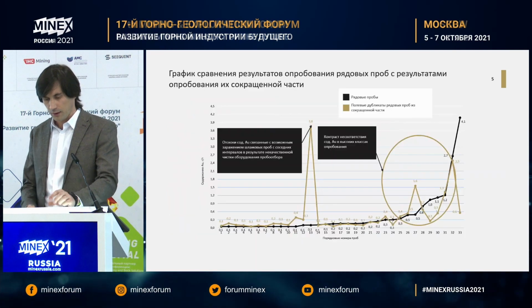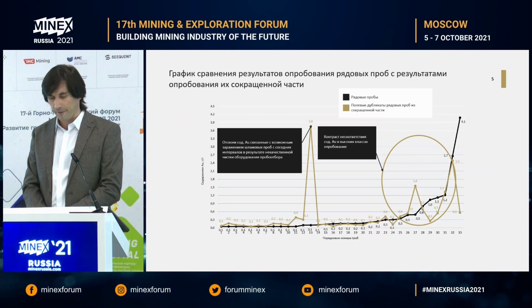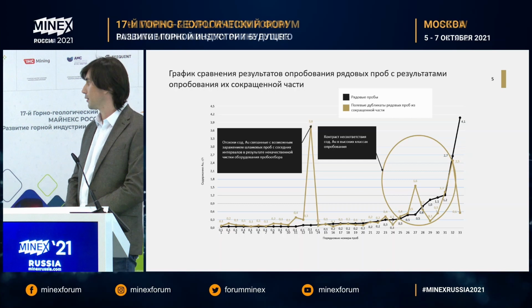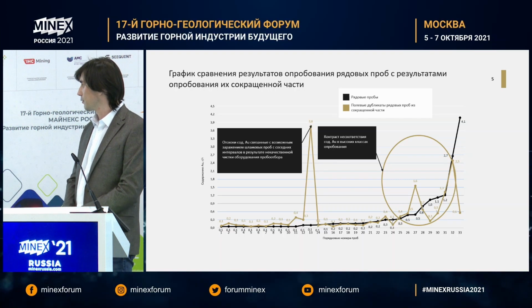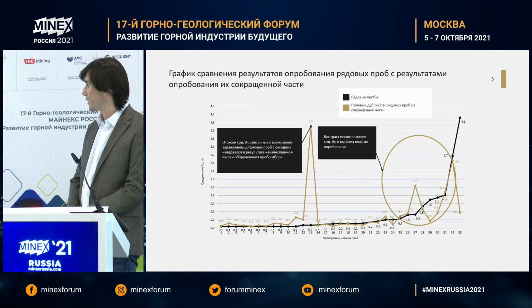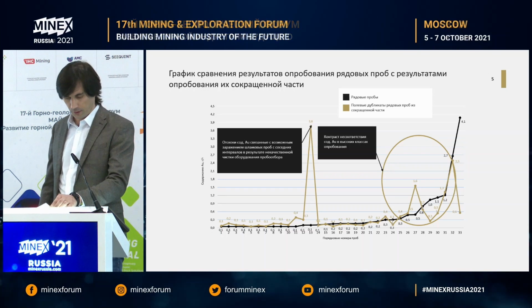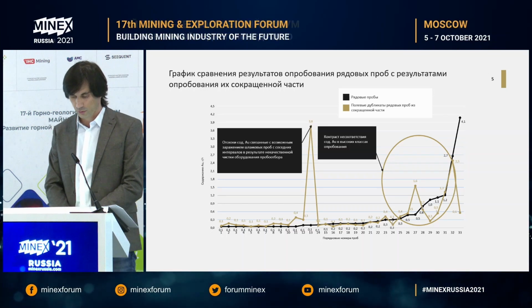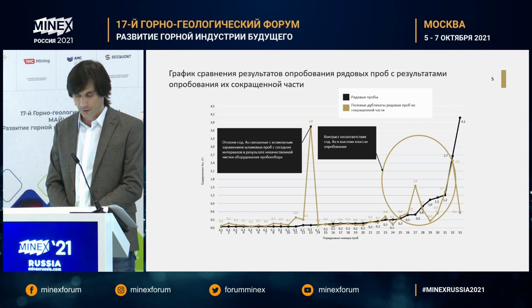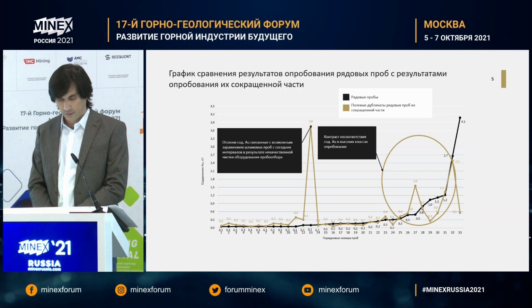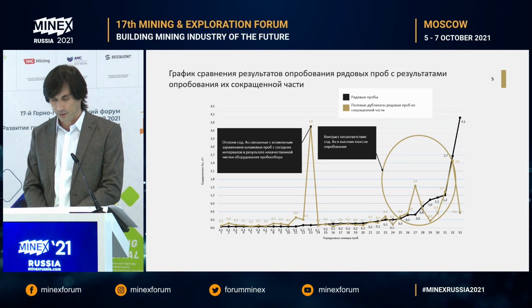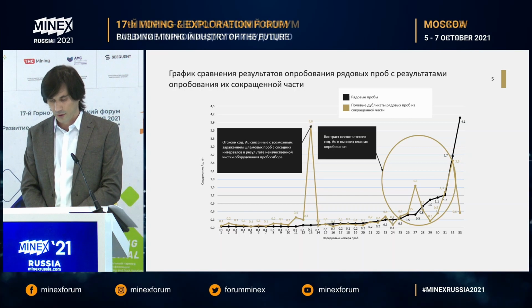And here is the example of what is happening. We see the comparisons of the content of the regular samples, and we can clearly see that where the grade is less than 0.3 grams per ton there is smooth dynamics, and when we have more than 0.3 grams per ton, we find the discrepancy.